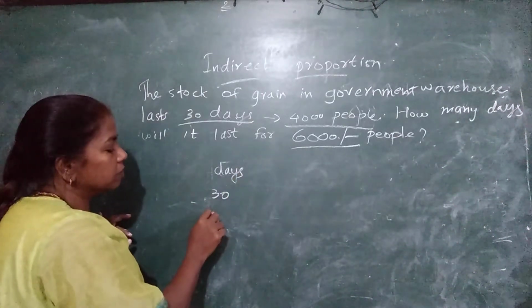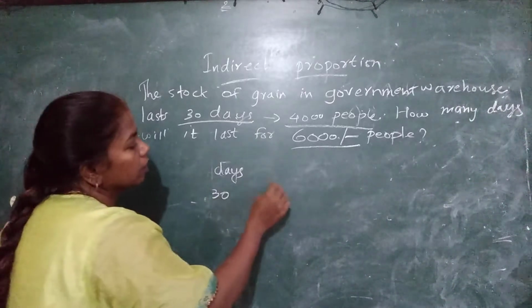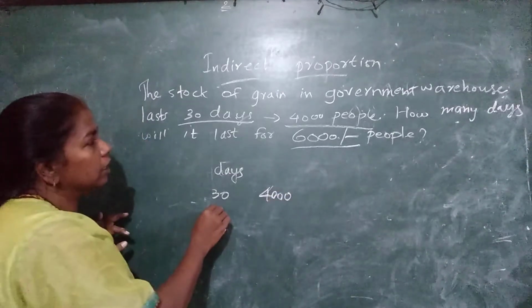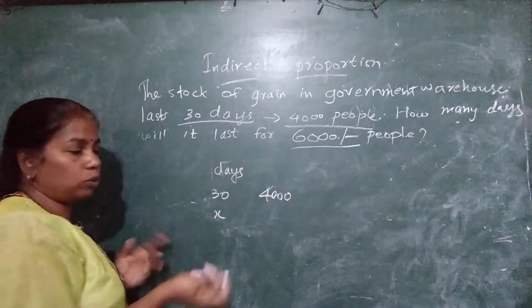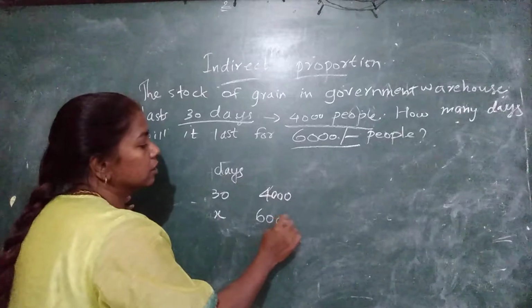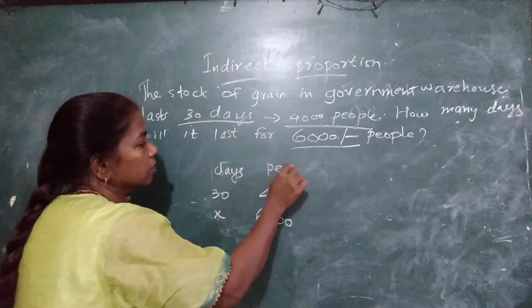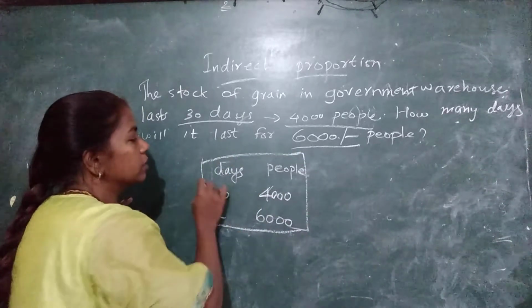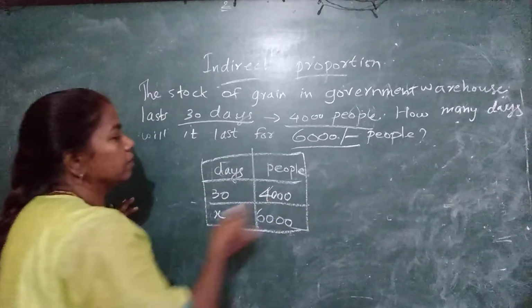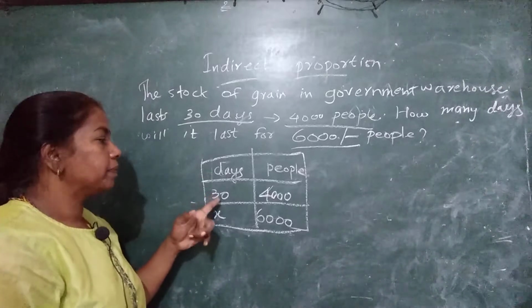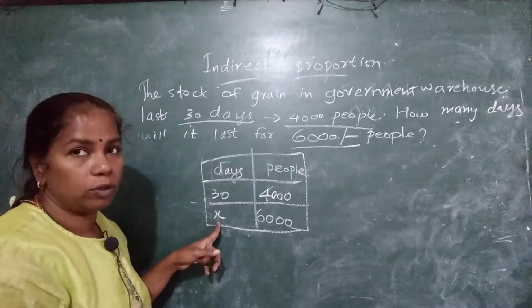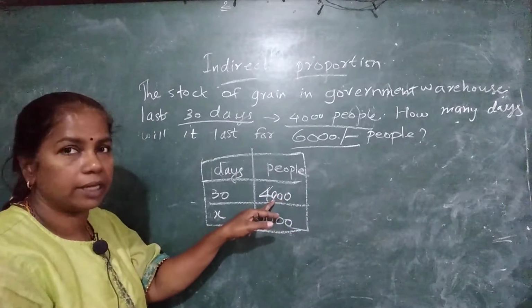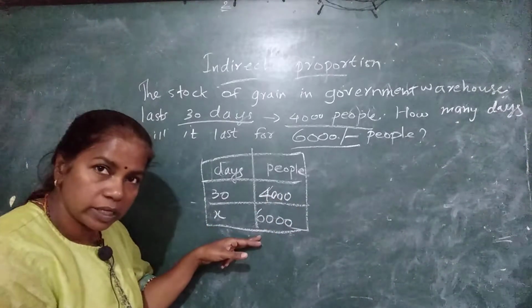People: 4,000. Here how many days? I don't know. People: 6,000. Now I have made the box. Days 30, I don't know for 6,000. 4,000 people are there. That has increased to 6,000.